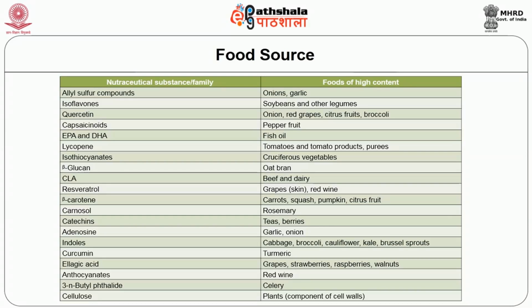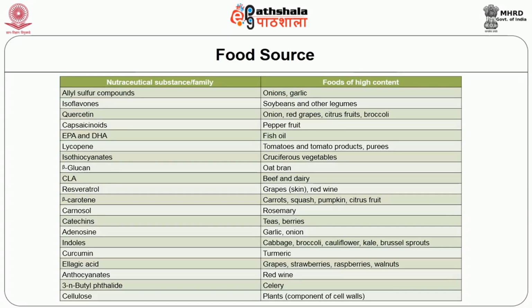Rosemary is rich in carnosol, and teas and berries are good source of catechins, and again garlic and onion are good source of indoles and adenosine, and cabbage, broccoli, cauliflower, kale and Brussels sprouts are good sources of indoles, and turmeric is a good source of curcumin.